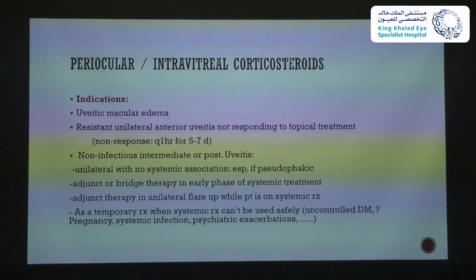And we can use it temporarily when systemic treatment cannot be used safely, like in uncontrolled diabetes or pregnancy. If the pregnant lady cannot tolerate high dose of systemic steroid, we can give her local or injectable corticosteroids.